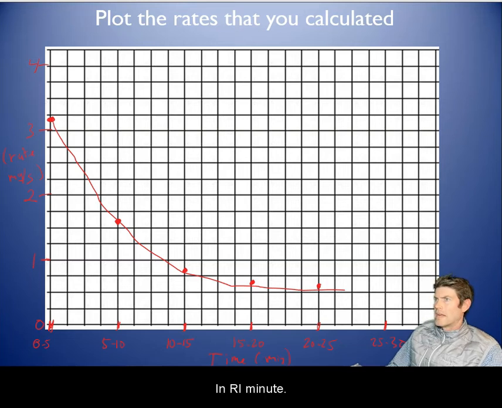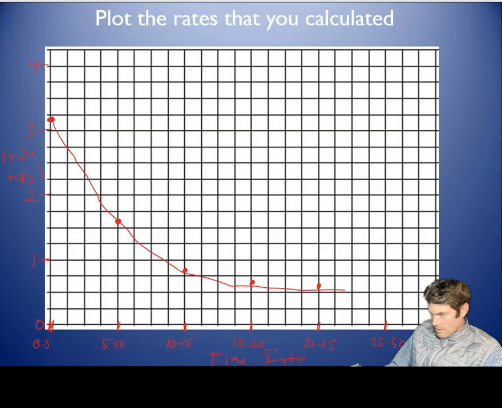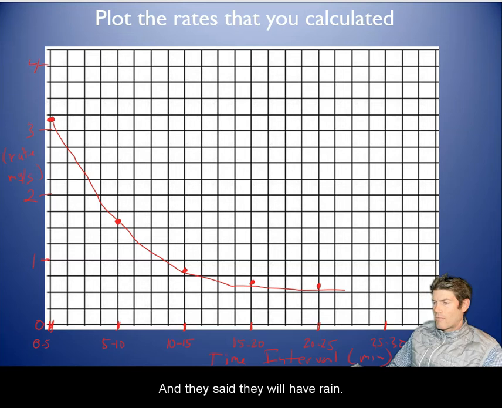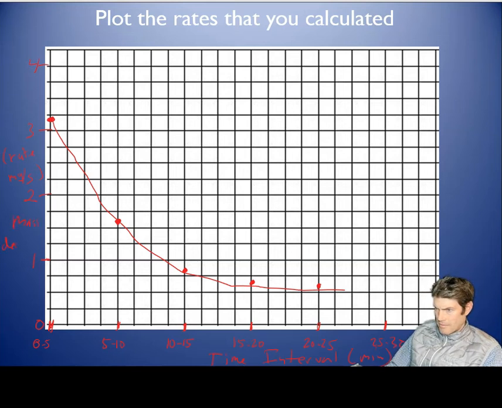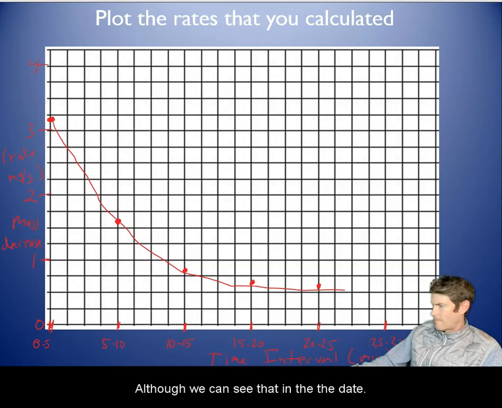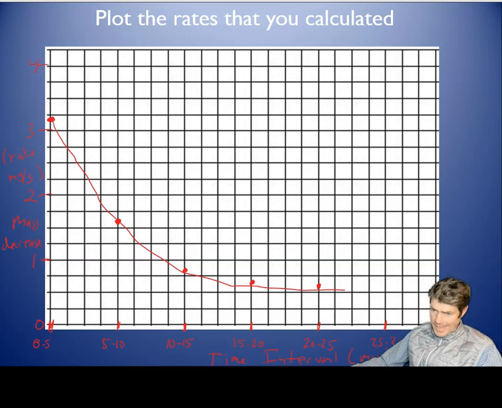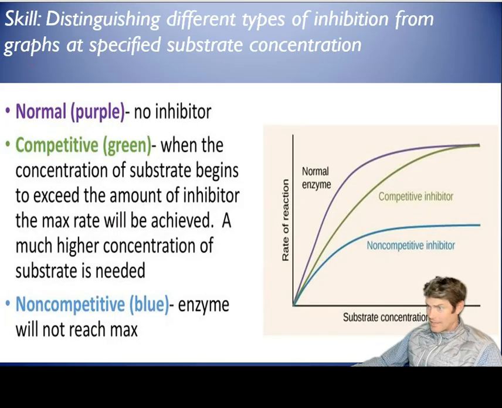I just put time interval in minutes. Time interval. And there we'll have rate. I probably should add mass decrease, although we can see in the data that it definitely decreased.